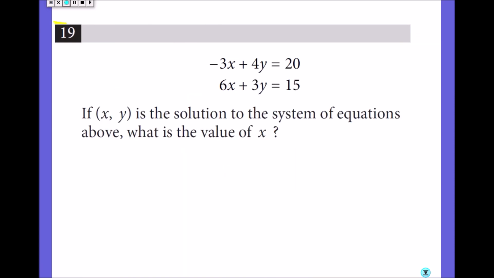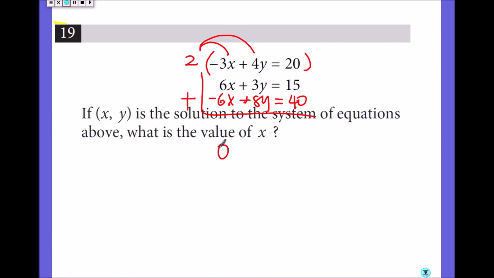Negative 3x plus 4y equals 20. And if (x, y) is the solution to the system of equations above, what is the value of x? So here you'll solve it. If I were you, since I have 3 and 6, double the whole top equation by linear combination, and I'll eliminate the x's. So I get negative 6x plus 8y equals 40. Then 6x minus 6x becomes 0, so I'll just add.